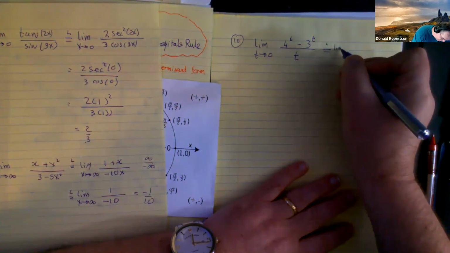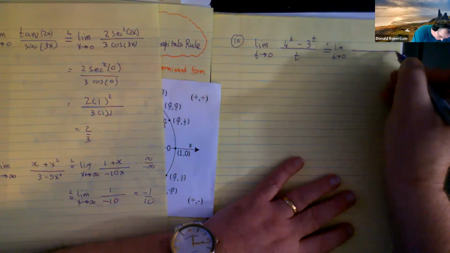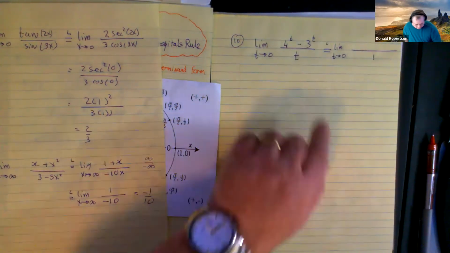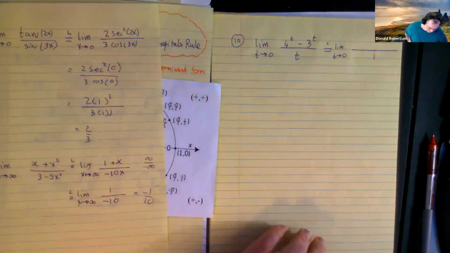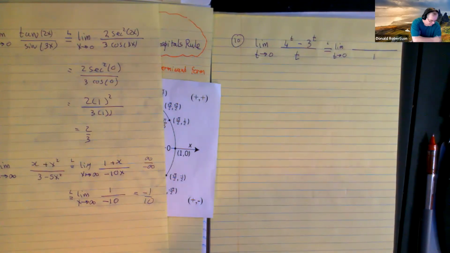So it's going to be the limit as t tends to 0. Now, differentiate t, you get 1. If you differentiate 4 to the power of t, what do you get?